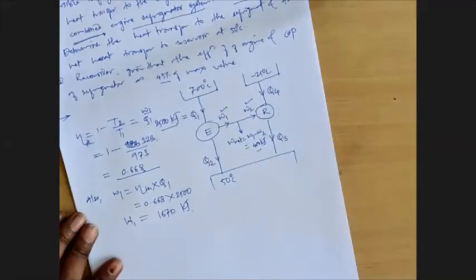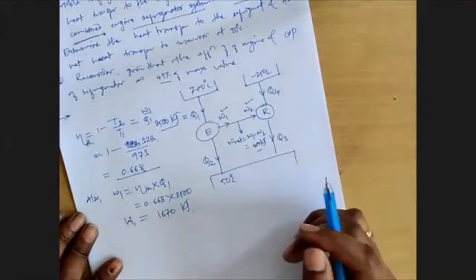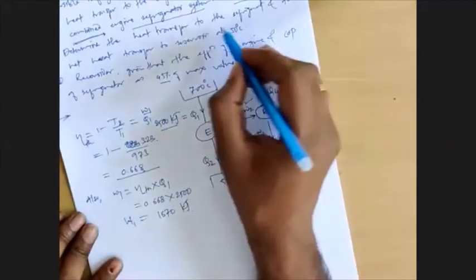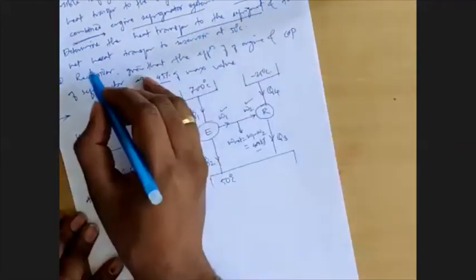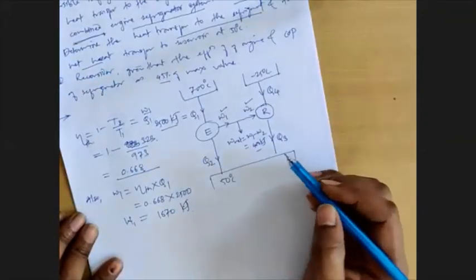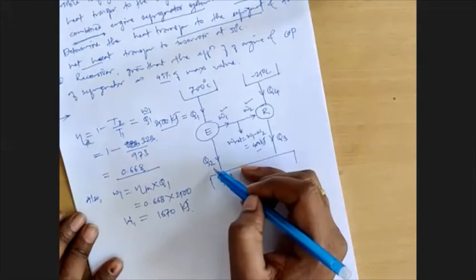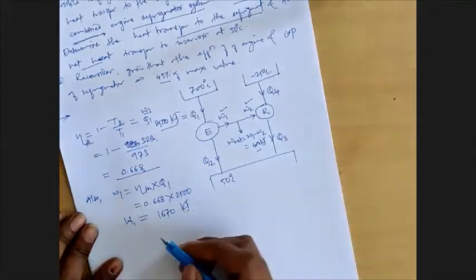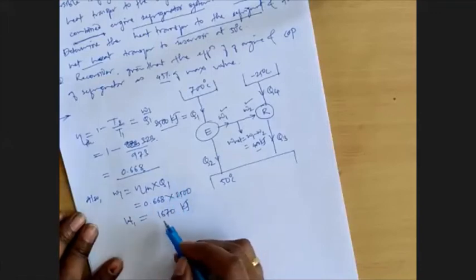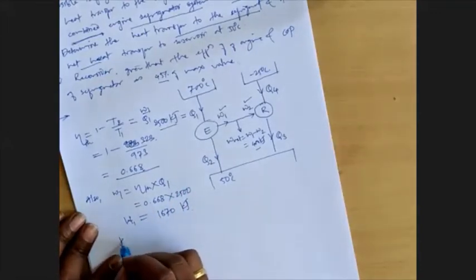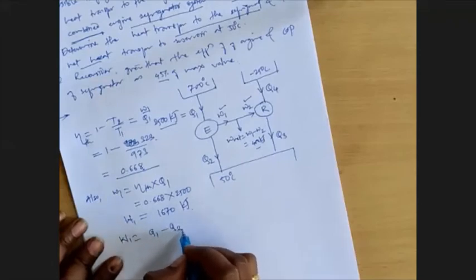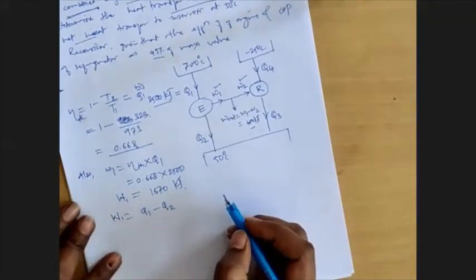After that, what I need to find, they have asked to calculate heat transfer to the refrigerator. So I need to find this Q2 also. To find that Q2, I have got Q1, I have got W also. So W1 is equal to Q1 minus Q2. That is another relation, right?